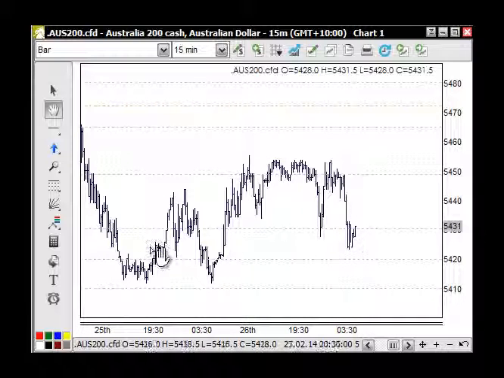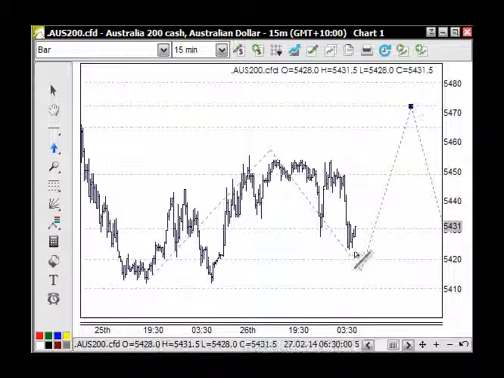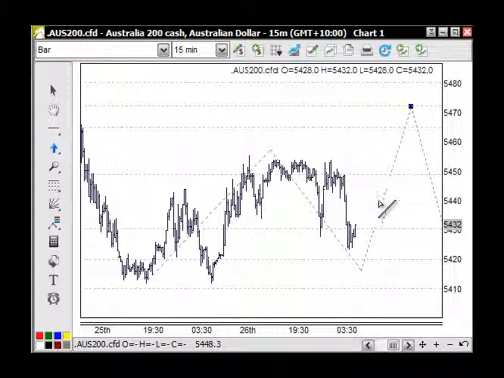It may end up being a bit bigger and uglier in terms of an A wave here, a B wave here, and a C wave here. So you'd still have to be careful about going long from these points. Anyway, I'll leave that as a bit of thought, but that's it.